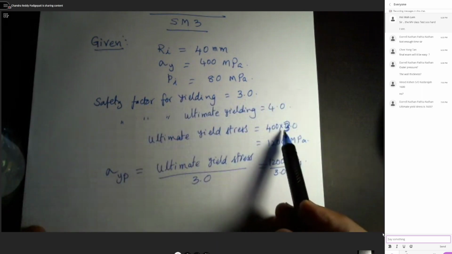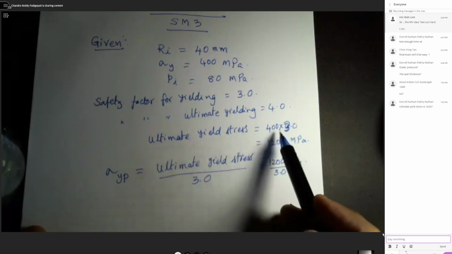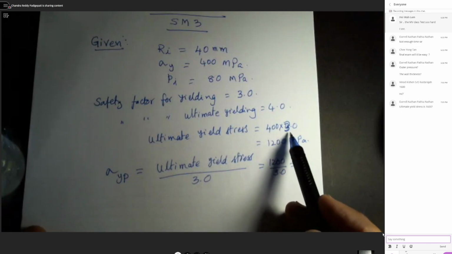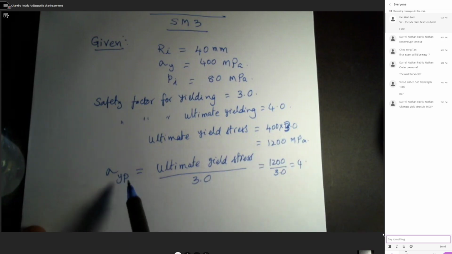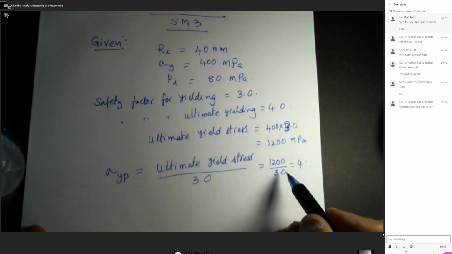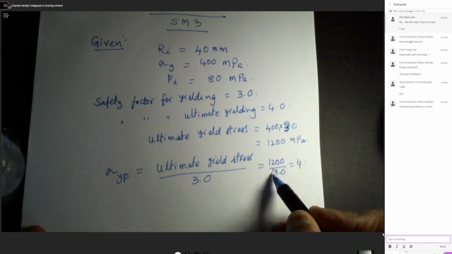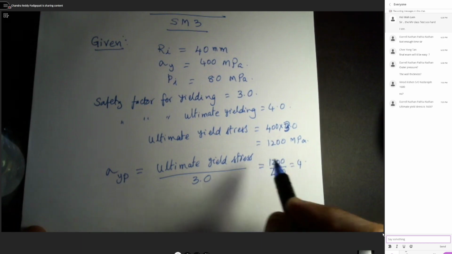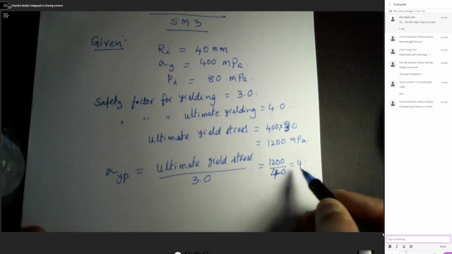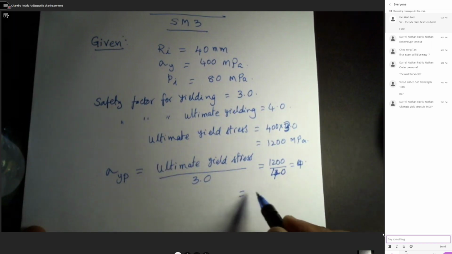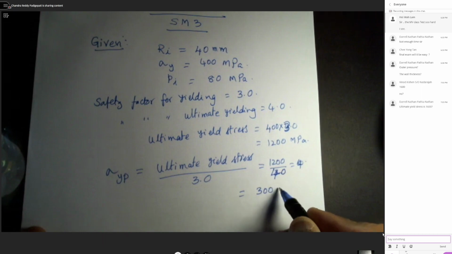So safety factor for yielding: the yield stress will be 400 into 3.0, so that will be 1200 megapascals. Then the ultimate yield stress will be 1200 over 4.0, the safety factor for ultimate yielding, which gives you 300 megapascals.